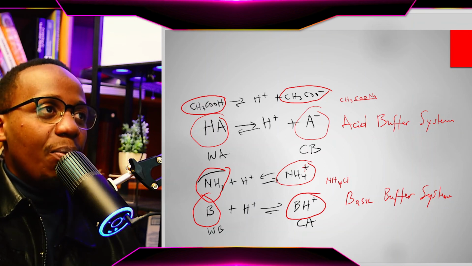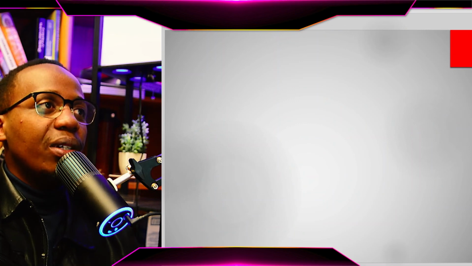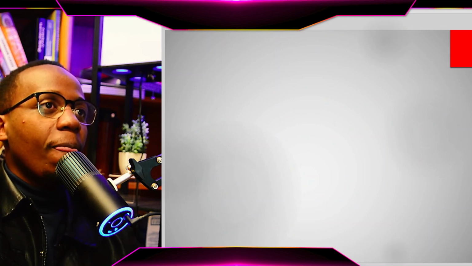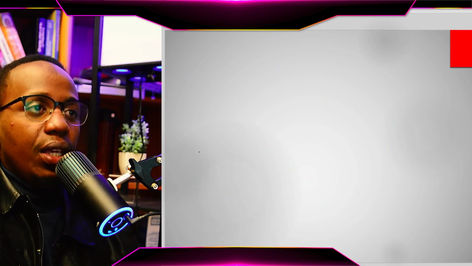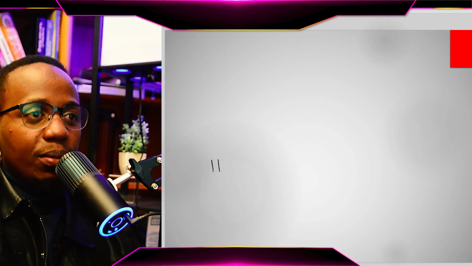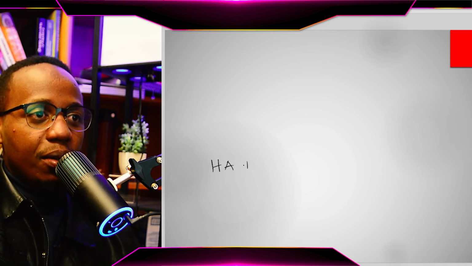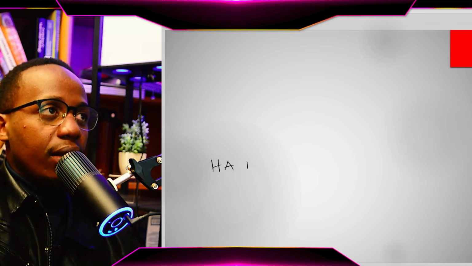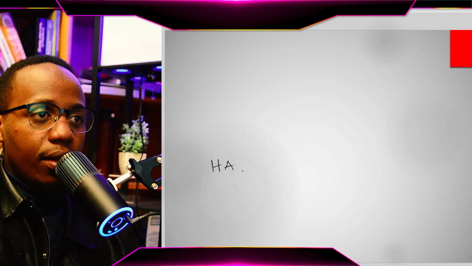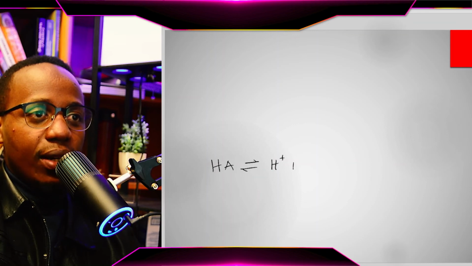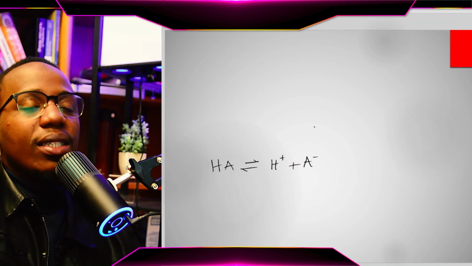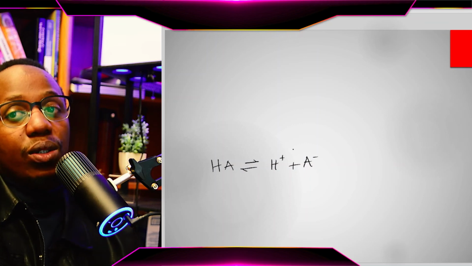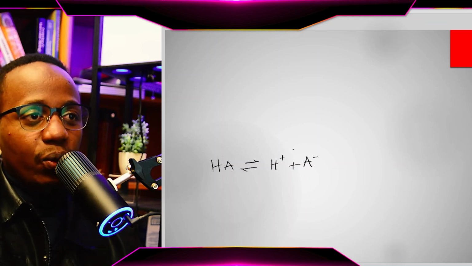All right. Something interesting happens, and this is what we call these buffers. If you have an acid buffer system, HA gives away H+, and you have A−. If you have these two things in a solution, this is how a buffer works.